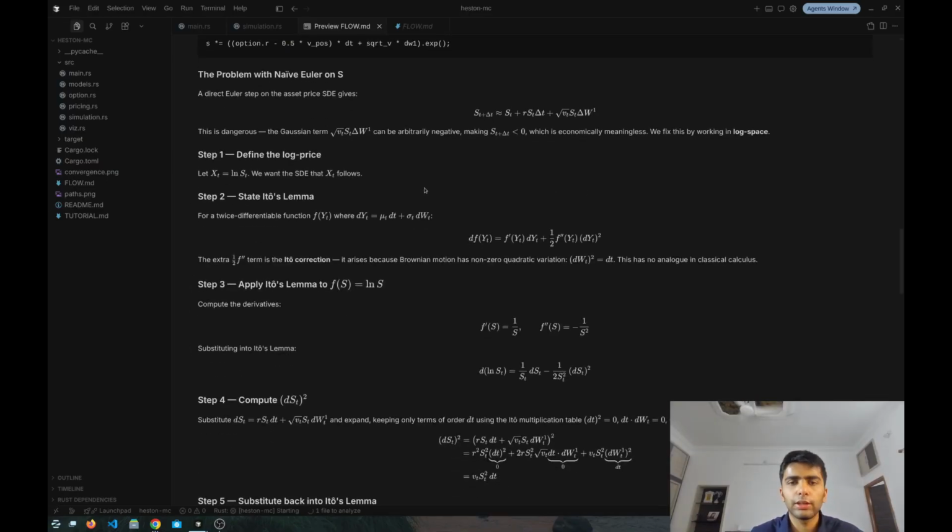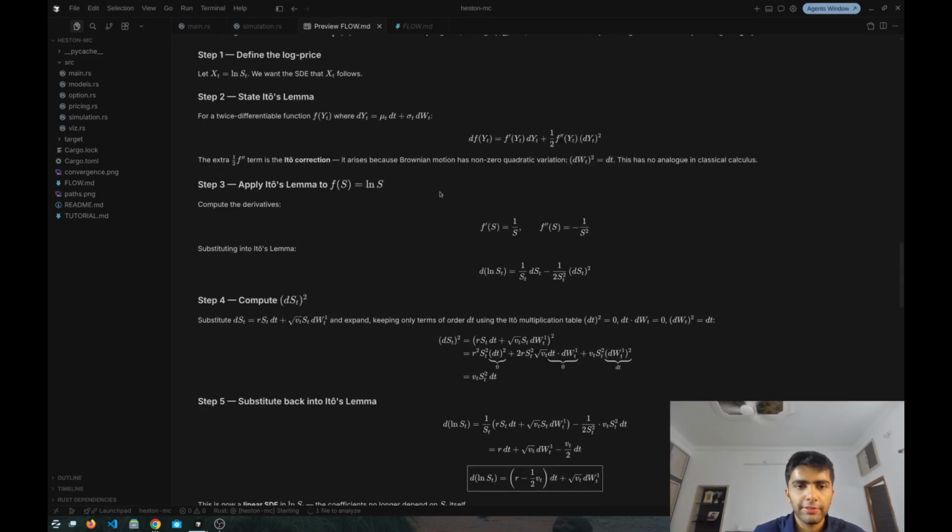Now to do calculations in log space, we replace S_T with ln S_T. And as per stochastic calculus, we know that in the Taylor expansion, the second degree term is non-zero, compared to regular calculus where the second degree term becomes 0. Because it's non-zero, we need to include it in calculations while performing the derivation.